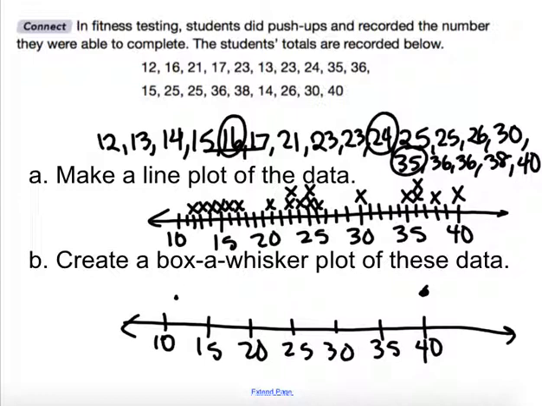I can put my median at 24. I can put my quartile 1 at 16. And I can put my quartile 3 at 35 so that I can make my box and connect my whiskers. Okay? And that is my box and whisker plot for this information.